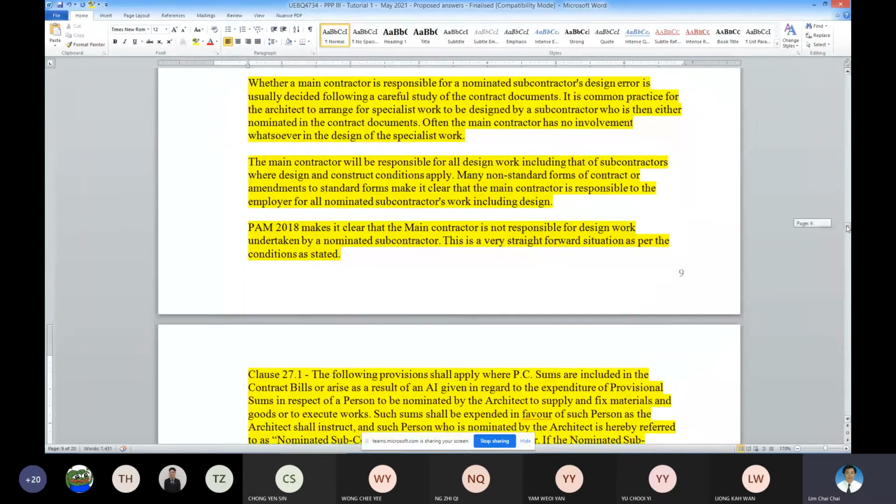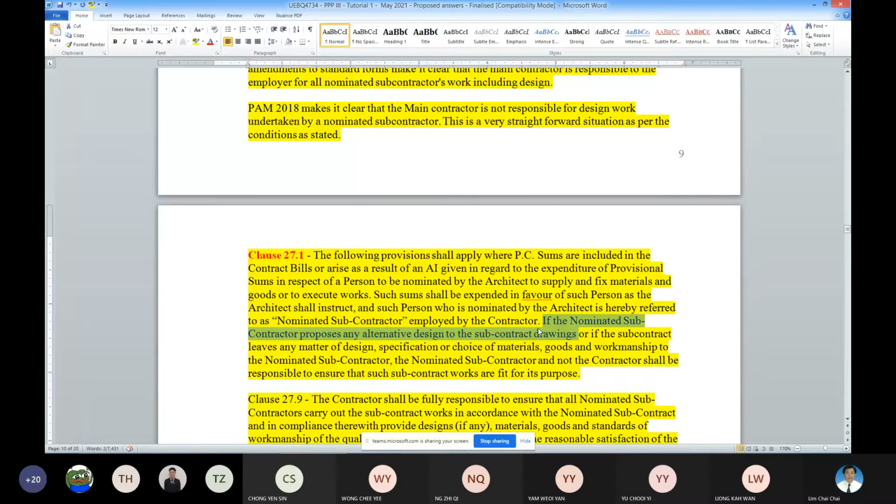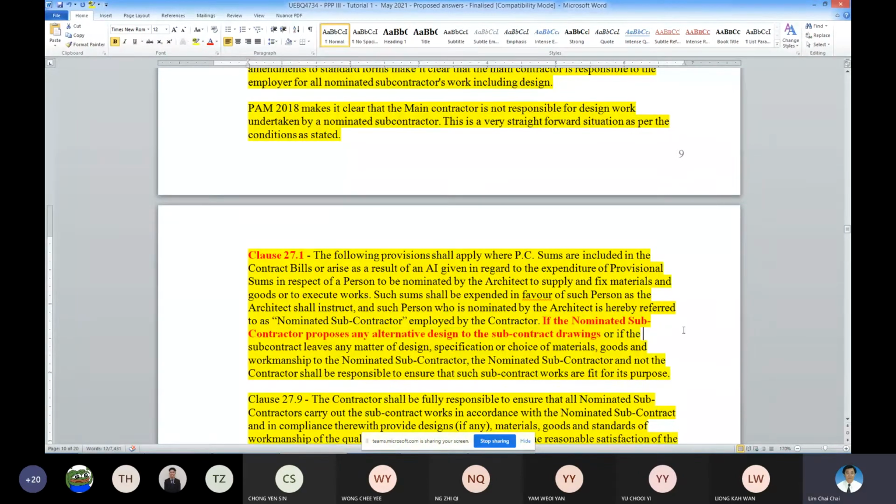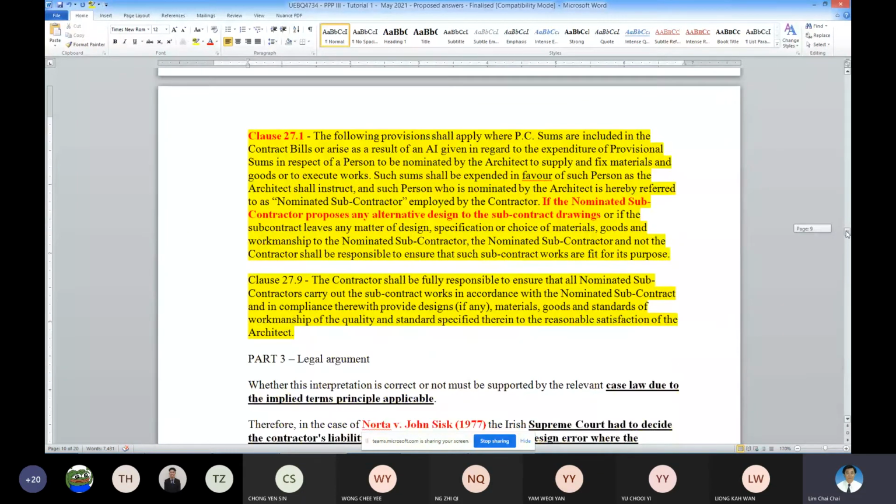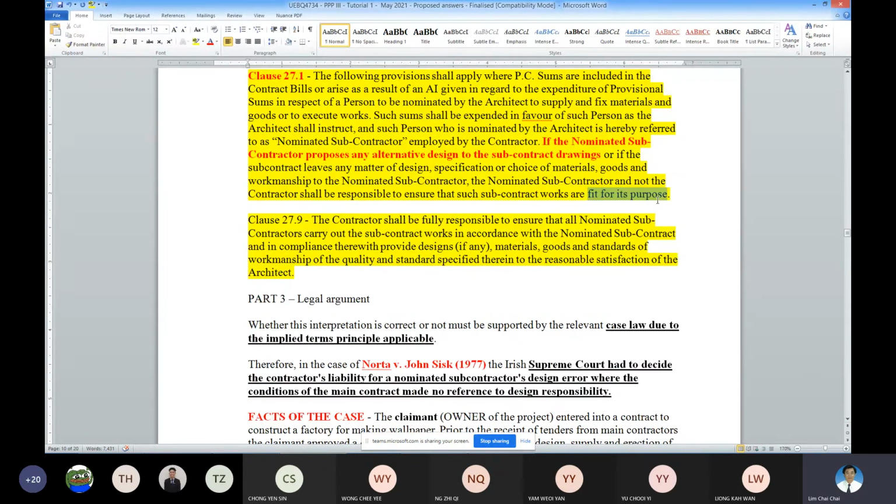Under clause 27.1, which I have done earlier already, it tells you that there is a design to be carried out by the NSAs. If NSAs carry out the alternative design, then NSAs is going to be responsible. Okay, so this is one of them here. It must be fit for purpose and must comply with the contract.